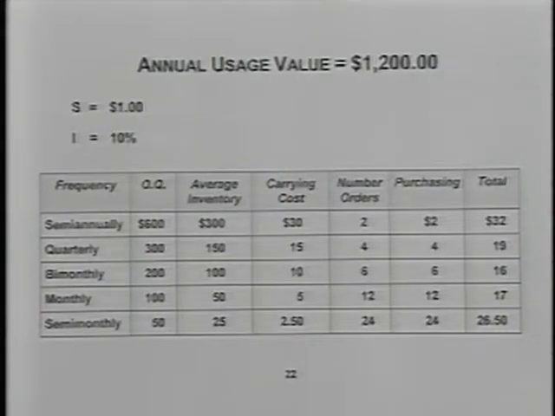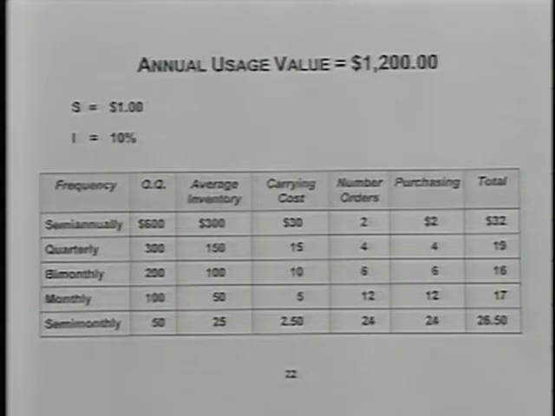And those frequencies of ordering are actually indicated by its numeric number on the third column from the right, called number of orders. If we took that column, number of orders, and divided each one of those figures into the annual usage value of $1,200, we would get the second column from the left-hand side, OQ, and OQ means order quantity.